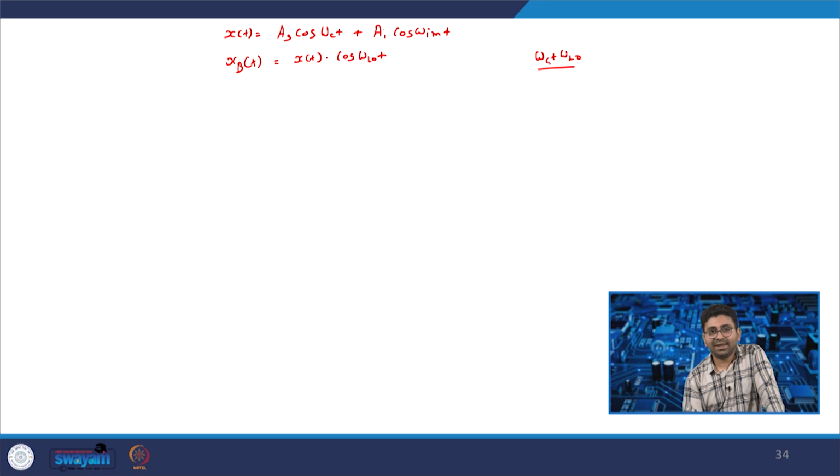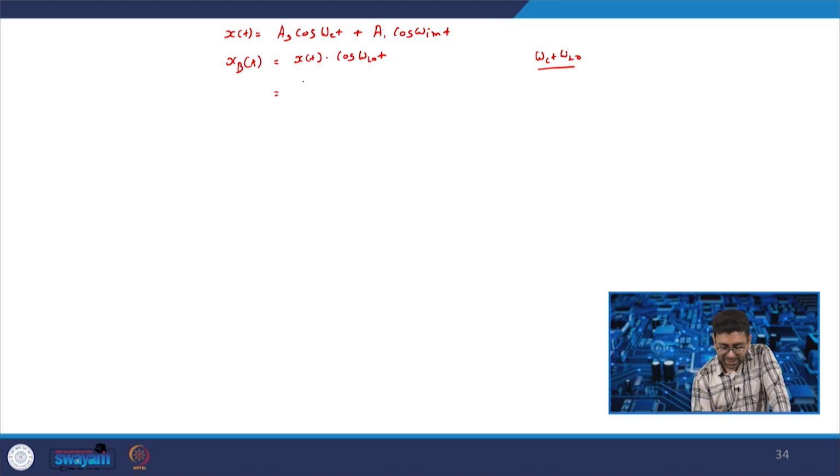We are interested in down conversion, that is why we are seeing omega c minus omega LO. If you are going to do up conversion, then you should use a band pass filter and it should transmit omega c plus omega LO. But in this case it is a down conversion.